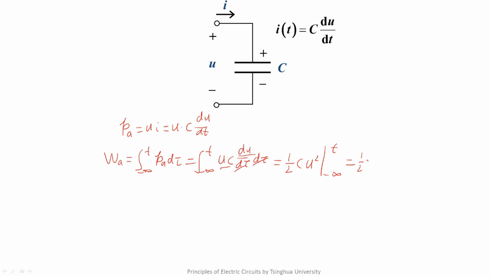Generally, we think the capacitor doesn't store energy at the moment of negative infinity, or has no voltage, so this part is zero. Thus, it is equal to 1/2 times C times u squared.